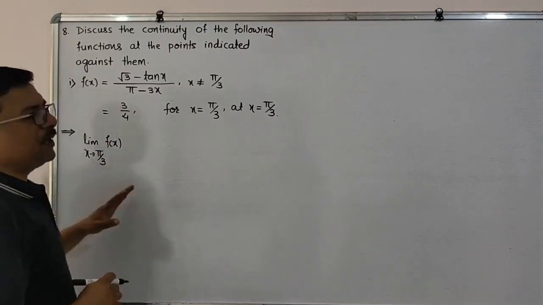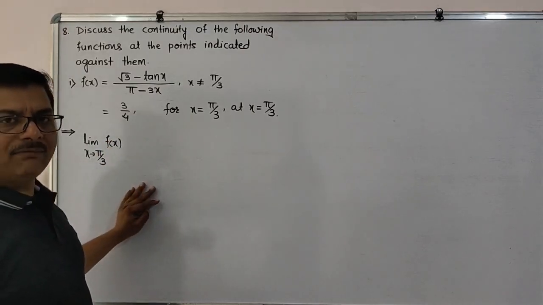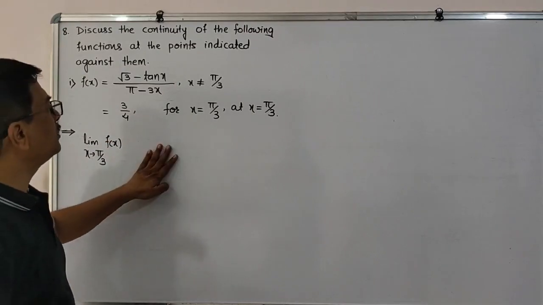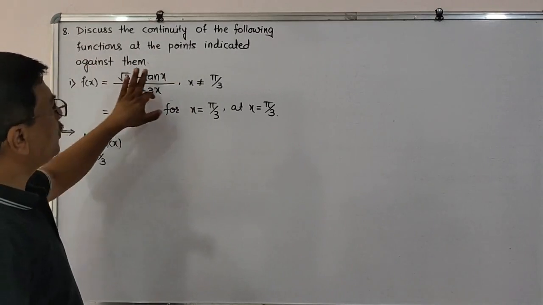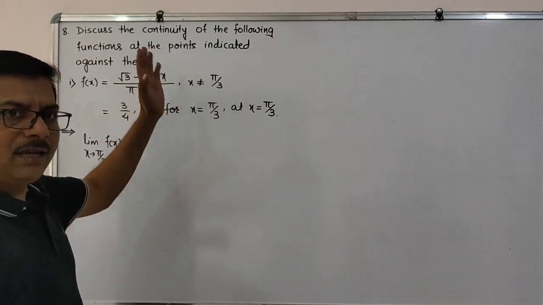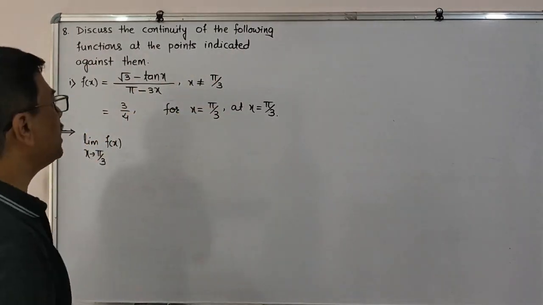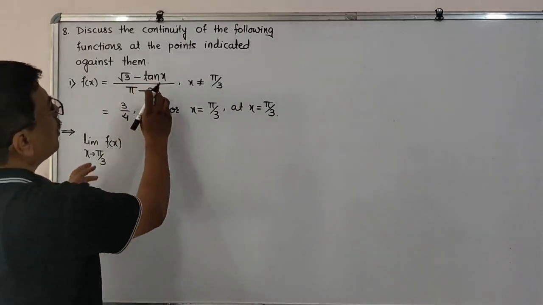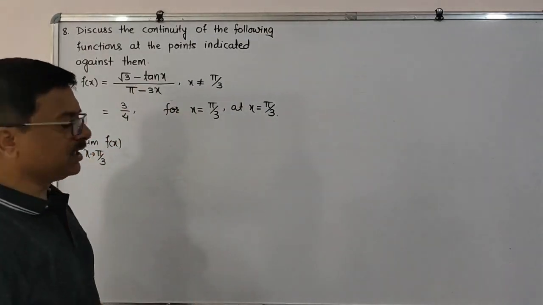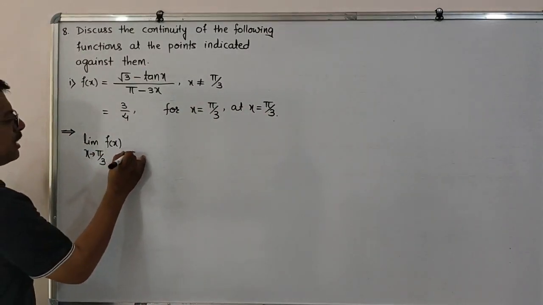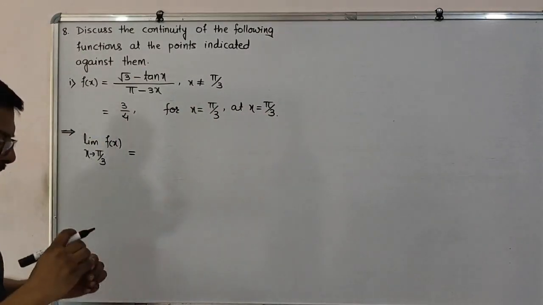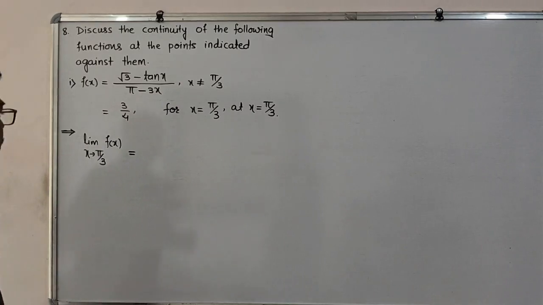In this example there is no need to find the left hand limit and right hand limit, because the function is constant for x less than pi by 3 as well as greater than pi by 3. The value of tan x may not be changed for those two values. That's why we are going to find the limit of f(x) as x tends to pi by 3 directly.